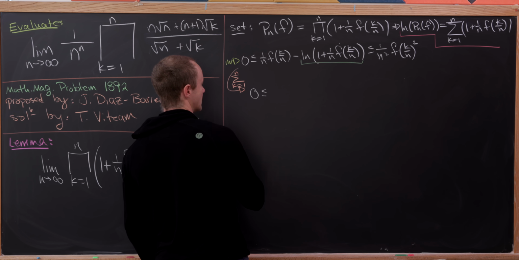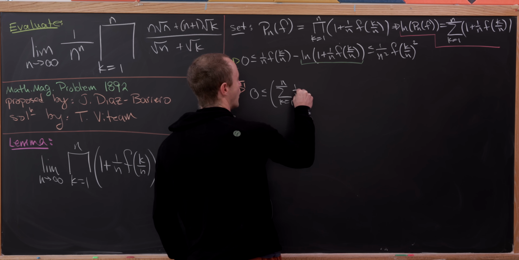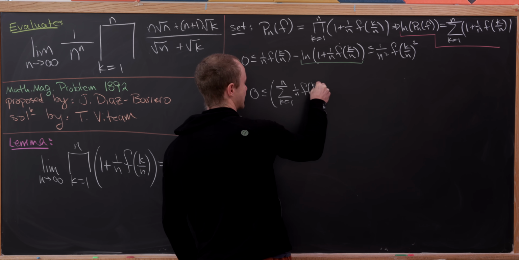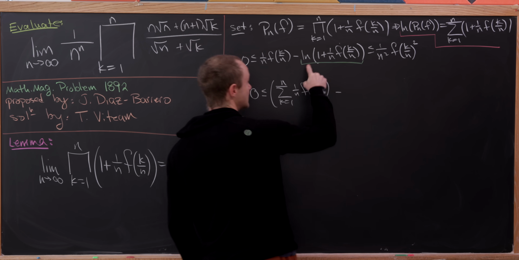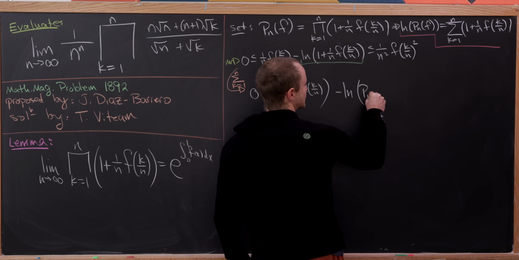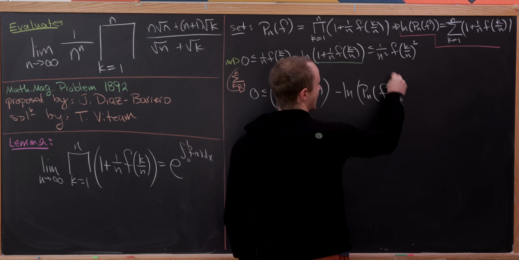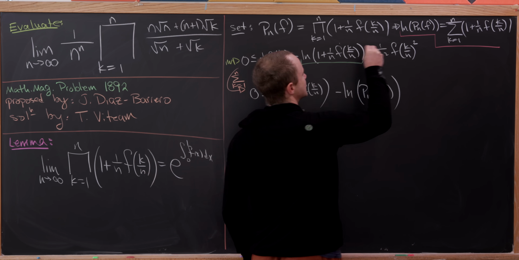So we'll have 0 is less than or equal to the sum as k goes from 1 to n of 1 over n times f of k over n. And then from that we subtract the sum of this, which is simply the natural log of P_n of f. And then, I just observed that I missed a 2 down here.